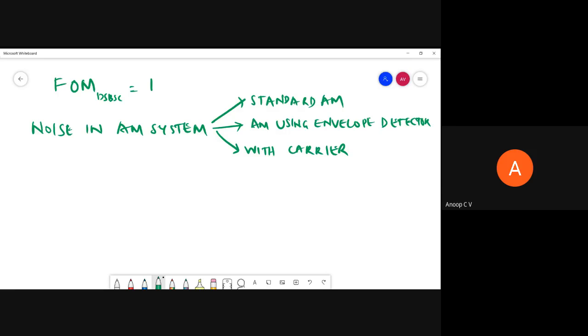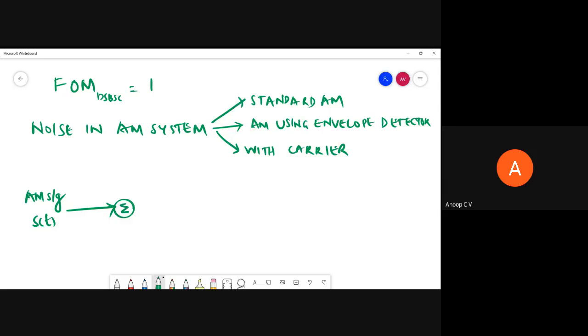Just like any other system, when we are about to analyze the noise in AM system, first we should have a system model. So that system model is nothing but: we have the AM signal, which we represent as s(t).